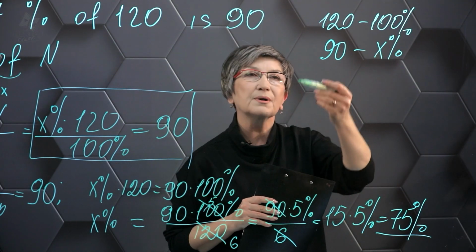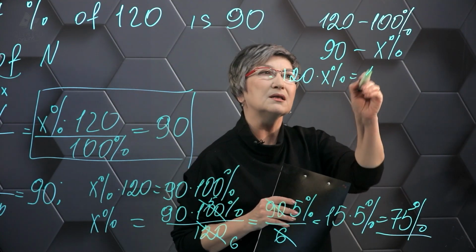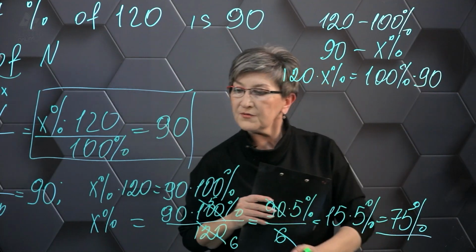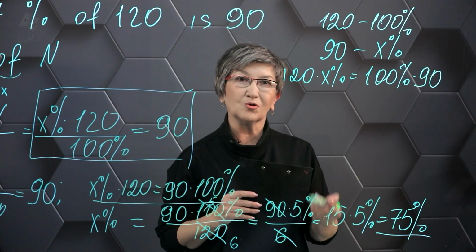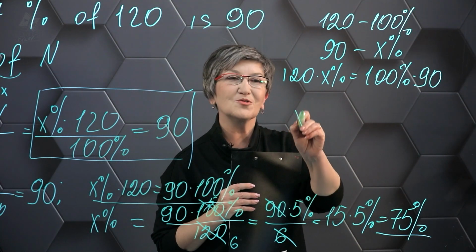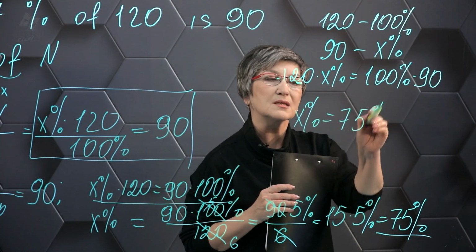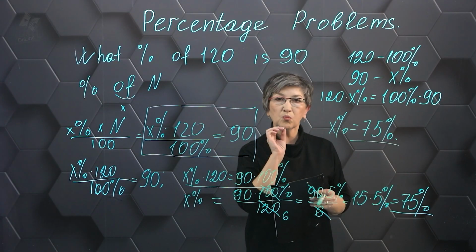And using the rule of proportions, 120 times x percent equals 100 multiplied by 90%. We ultimately arrive at our equation, which we solve exactly the same way, and we end up with the result that x percent is 75%.